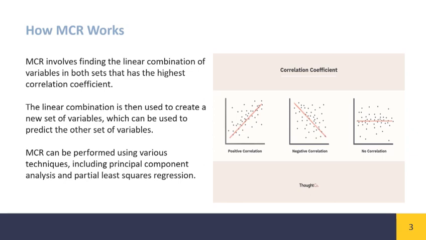It can be performed using various techniques including principal component analysis and partial least squares regression. On the right side, we have three graphs of correlation coefficients: the first is positive correlation, the second is negative correlation, and the third is a horizontal straight line, which is no correlation.